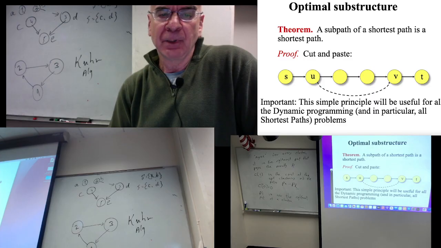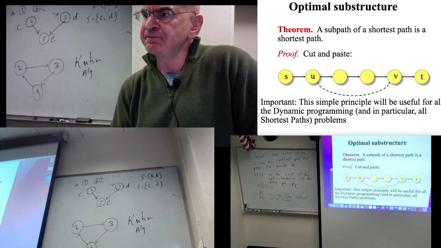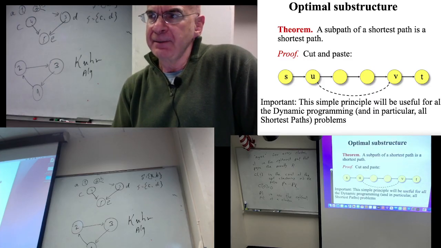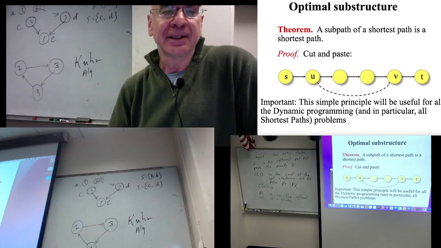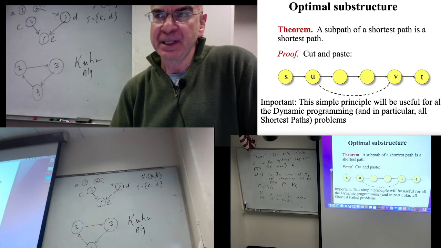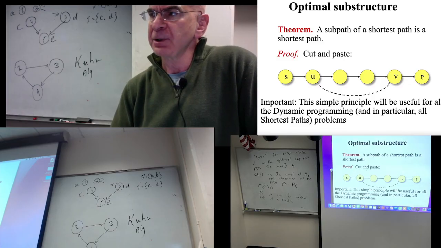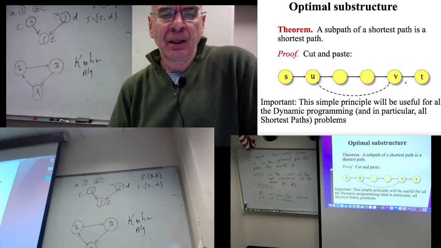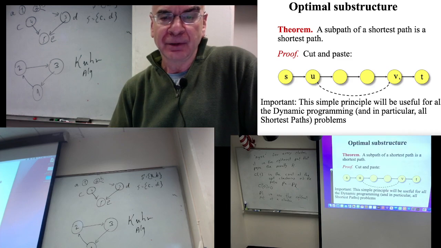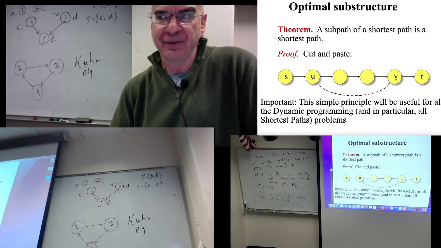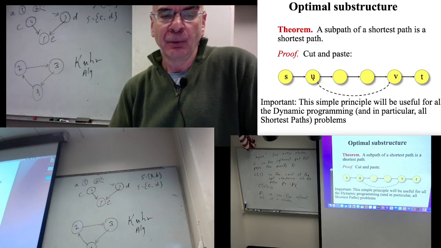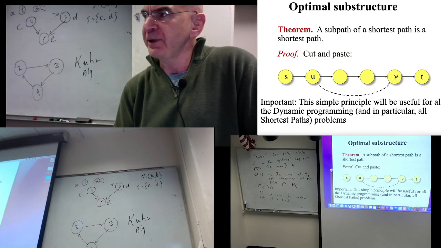Okay, our cut and paste lemma, we use the same lemma in all the dynamic programming algorithms. If I have the optimum path from S to T, here is the optimum path from S to T. Look at any portion of this, any two vertices along this path, U and V. Ask yourself, what is the best path from U to V?